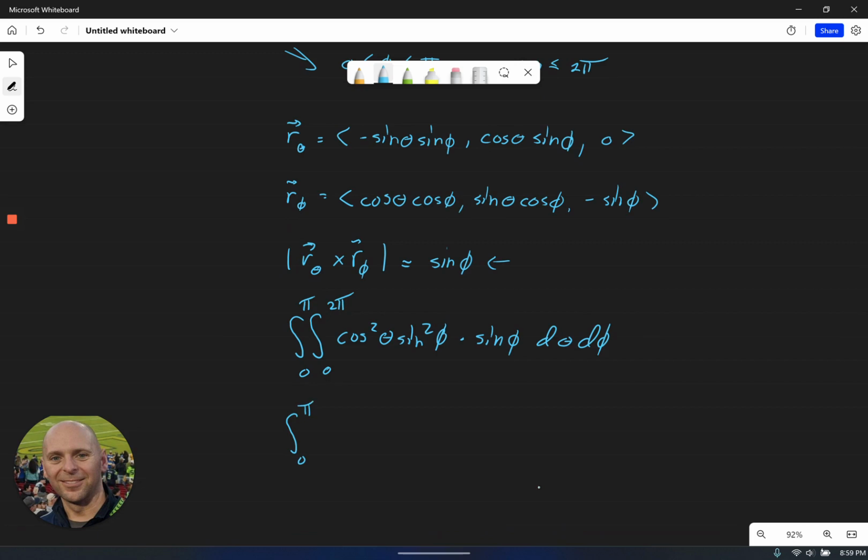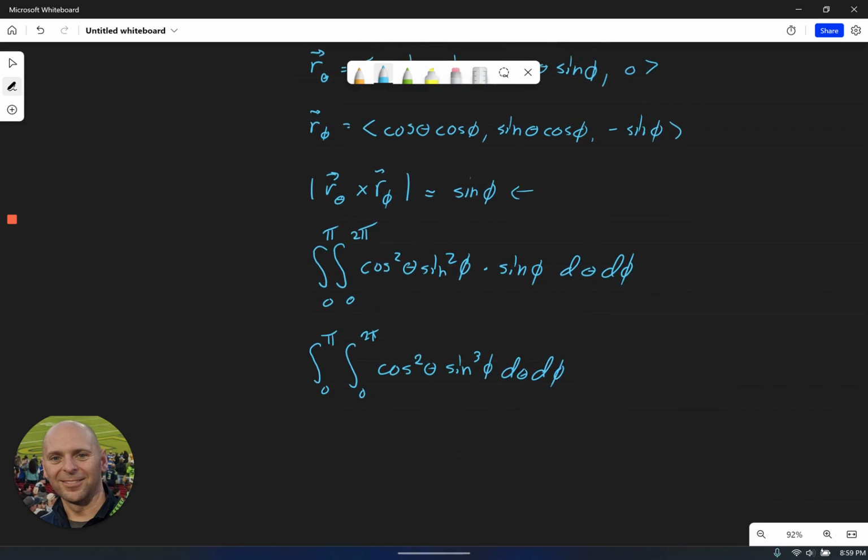and we can use any method that makes sense for us to do that. Here, I'm just going to simplify down cosine squared theta, sine squared phi, or rather sine cubed phi, d theta d phi. And because these are two independent functions, one of theta, one of phi, and I've got constants throughout my integral here, I can actually separate these into two separate integrals.